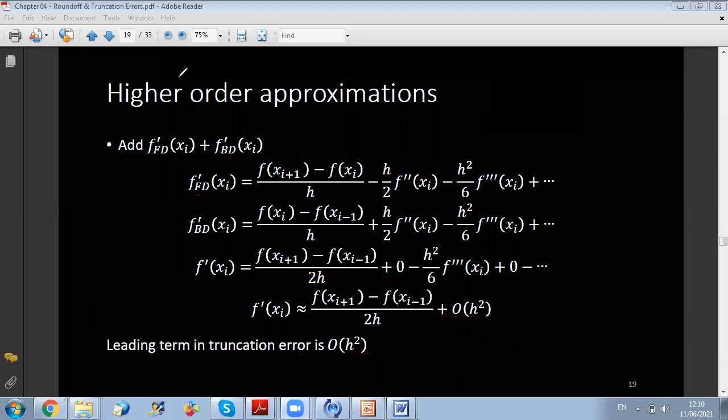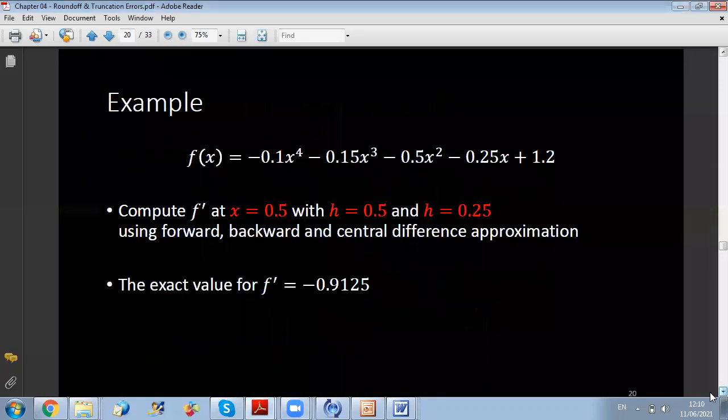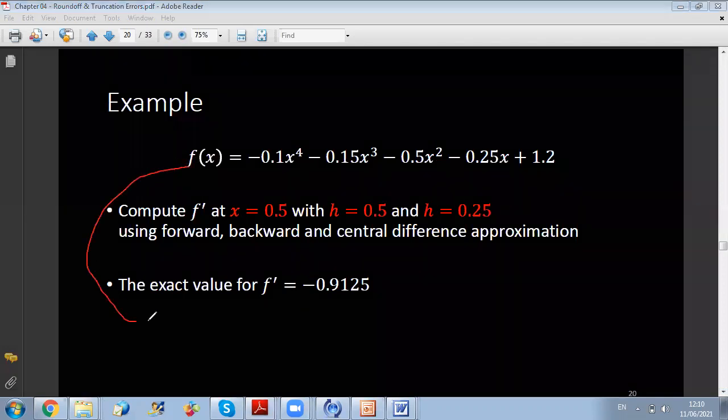So now we will take an example. We have the function f of x equals minus 0.4x to the power 4, minus 0.15x cubed, minus 0.5x squared, minus 0.25x plus 1.2. When we derive this function with respect to x, we can get the exact value of the derivative.